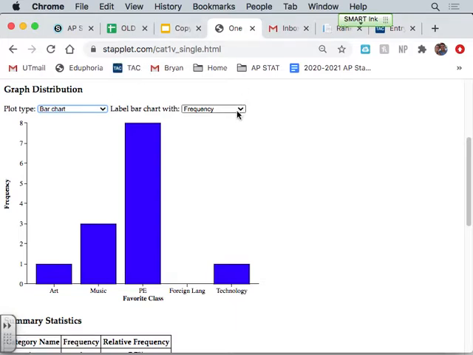So this is frequency. So frequency was 8 PE, 3 music, 1 art, 0 foreign language. There's a tab that says relative frequency. So frequency is the number. Does anyone want to give a guess before we look at it what relative frequency is?